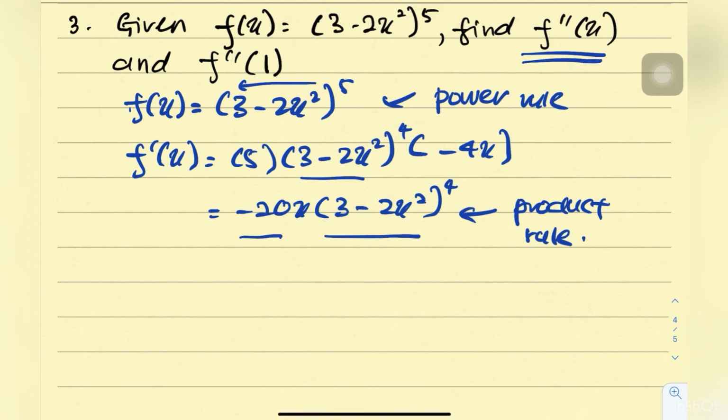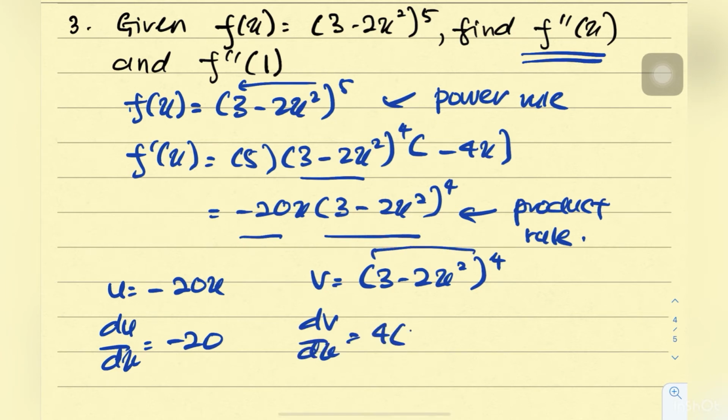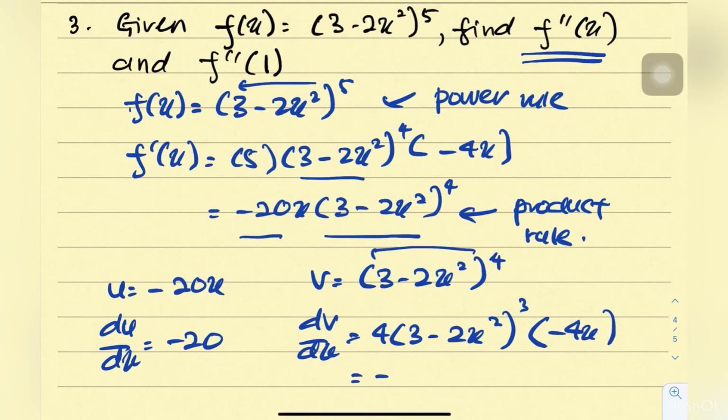Identify u and v. u is negative 20x, du/dx is negative 20. v is (3 minus 2x squared) to the power of 4, and dv/dx, a composite function, is 4 (3 minus 2x squared) cubed times negative 4x. Simplifying, this is negative 16x (3 minus 2x squared) cubed.